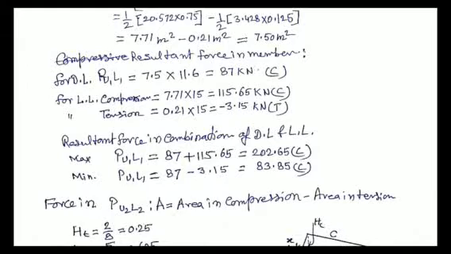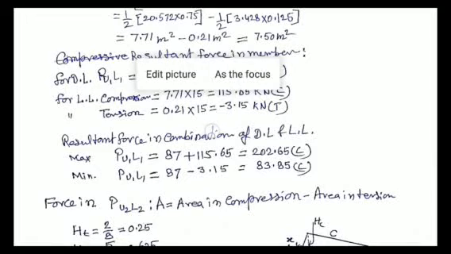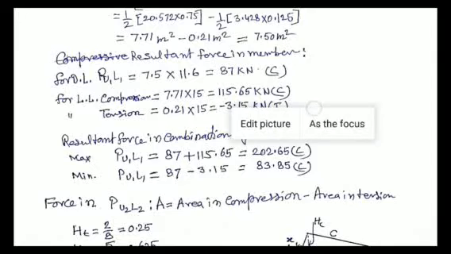And then the tensile force due to live load in this member comes out to be 0.21 multiplied by 15, which is minus 3.15 kilonewton, and it is of tensile nature, because we are seeing that both types of stresses are coming due to live load. So separately we have found these two forces.